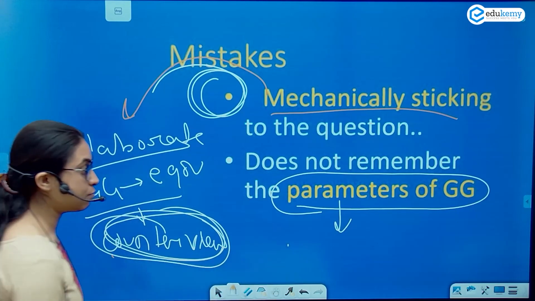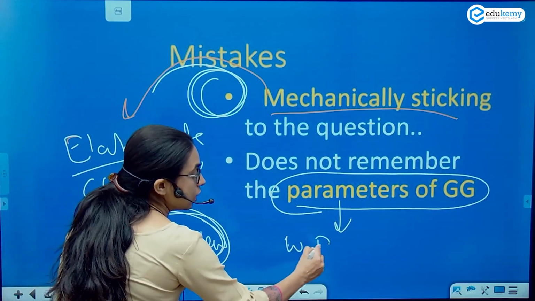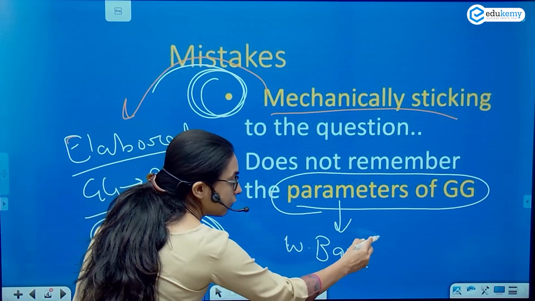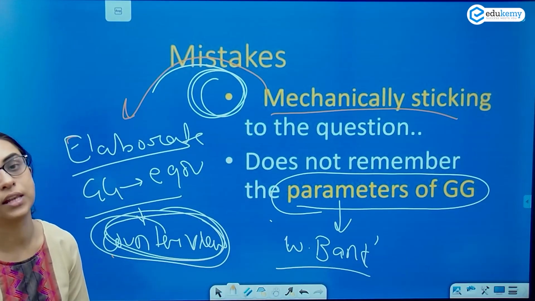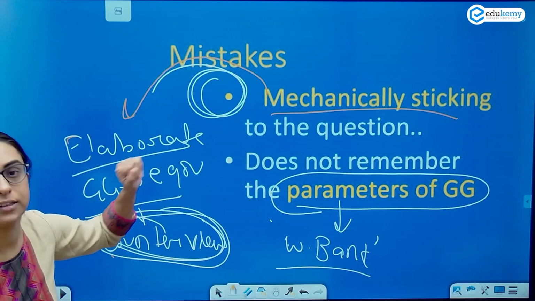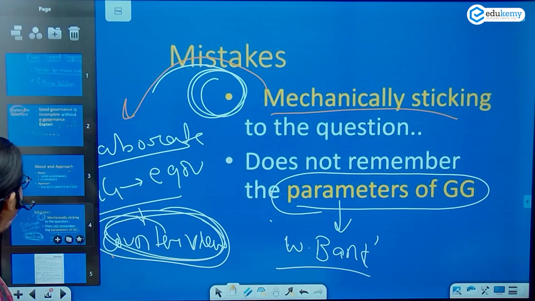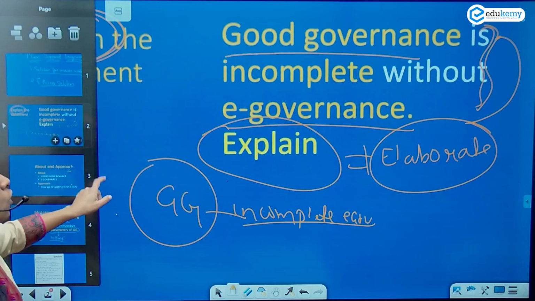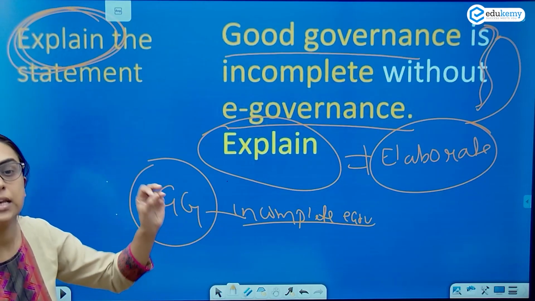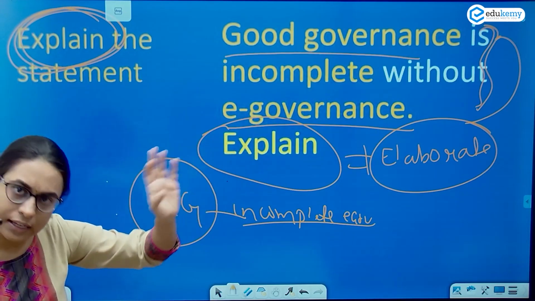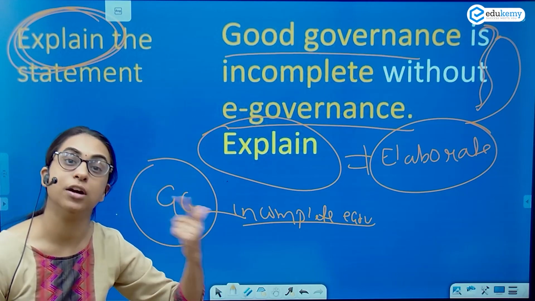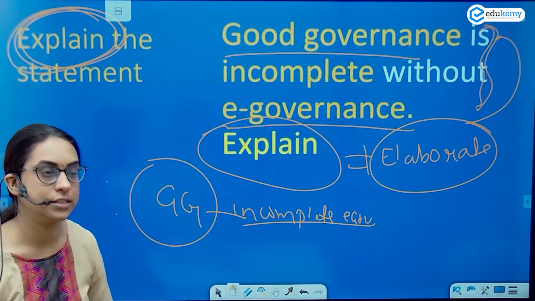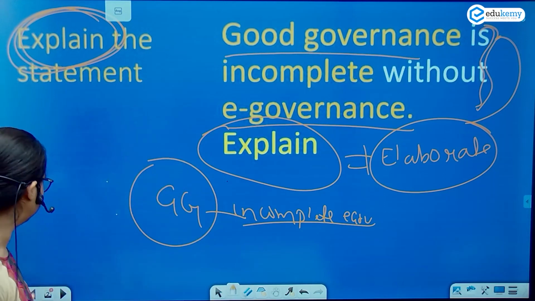A very important definition and parameters have been given by the World Bank. So try to think along those lines while addressing this question. I would repeat the question: good governance is incomplete without e-governance. Yes, you need e-governance for good governance, but you need much more than e-governance. That is what you need to do.